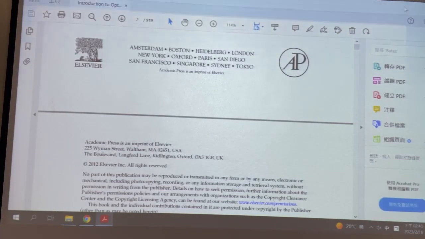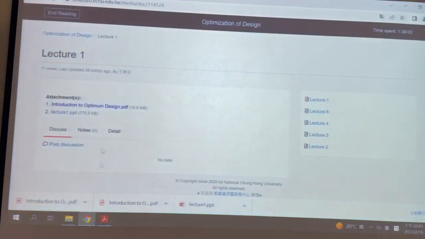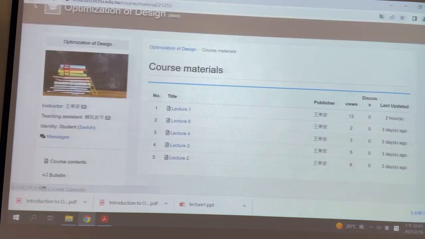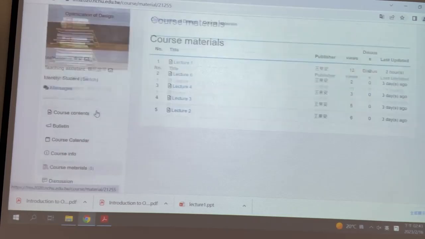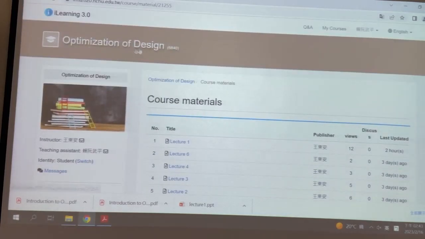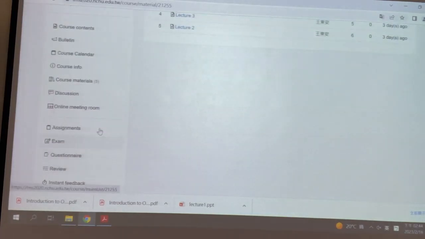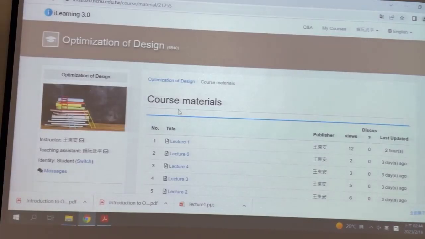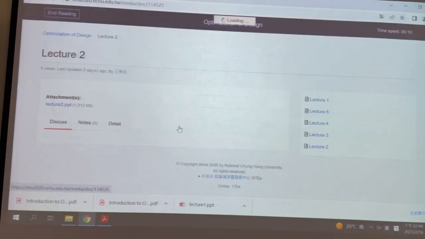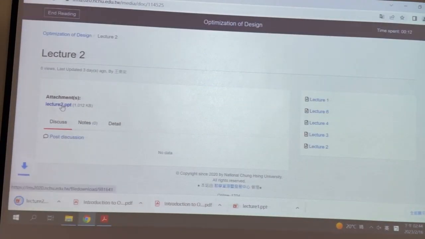Okay, this is a textbook. Then if you go to our iLearning for this optimization of design, course materials. So lecture 2, PPT.